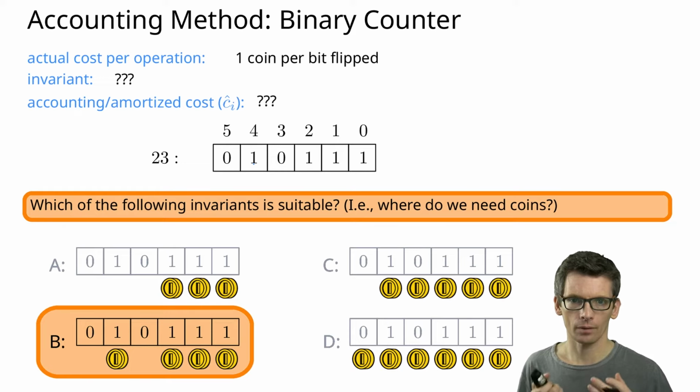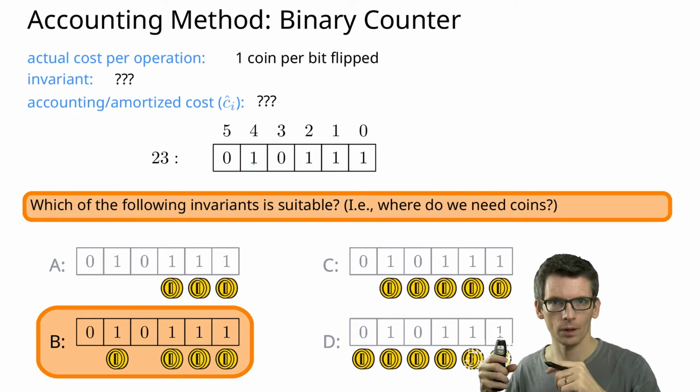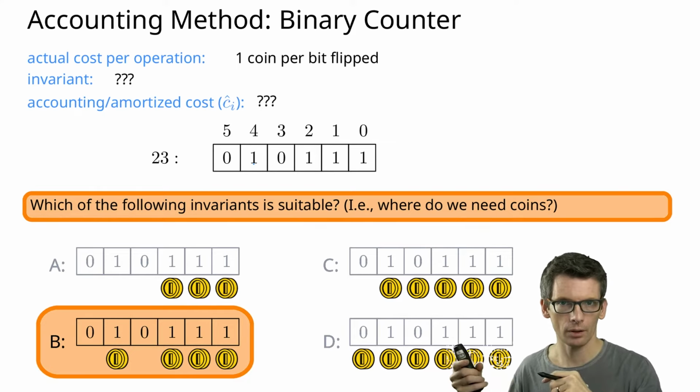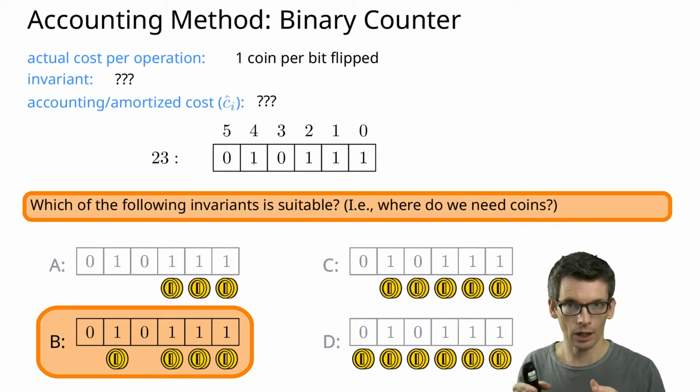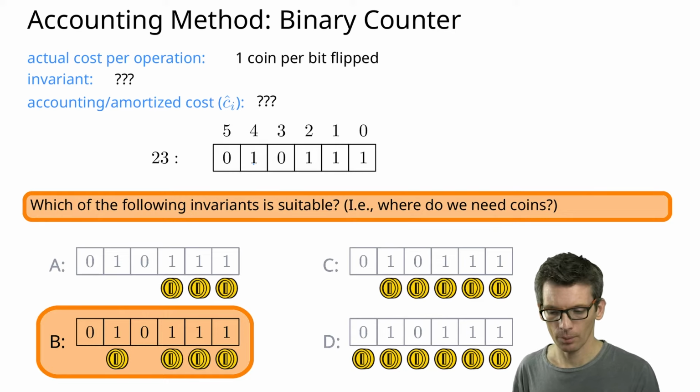So why is that the case? The intuition here is that it can happen that we will need to flip many ones. If I now, for instance, add 1, if I go to 24, I will need to flip all of these. So all of these will become 0.